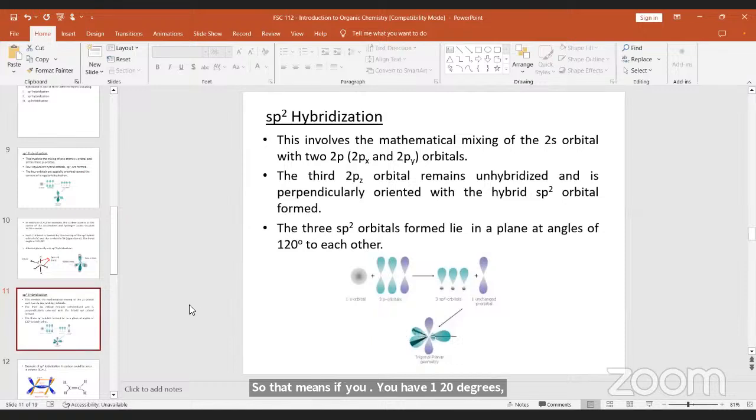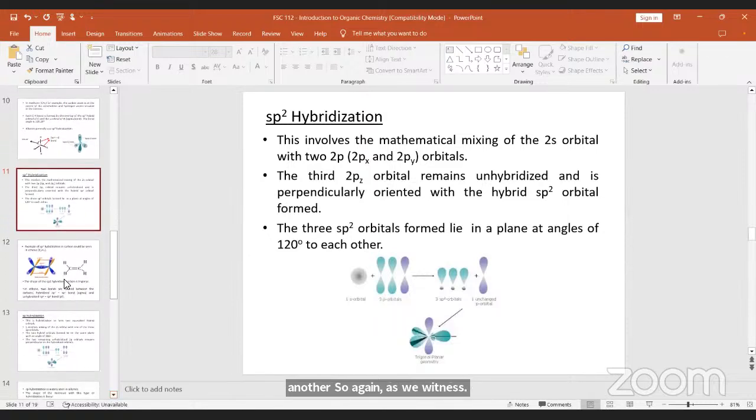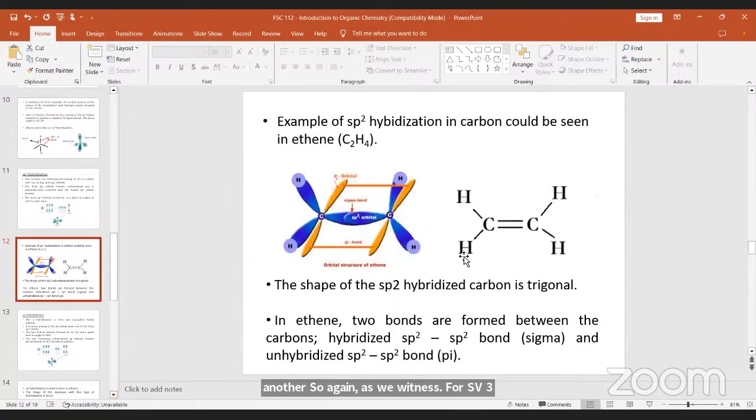So again, as we witnessed for sp3, sp2 can also go ahead to form bonding. Supposing you bring another carbon that is also sp2 hybridized, one of the lobes of the sp2 hybridized orbital can overlap with one another. You can see the overlap is also horizontal, end-to-end overlap.